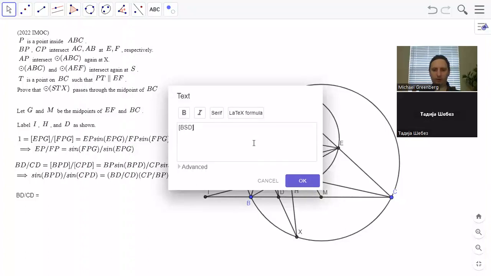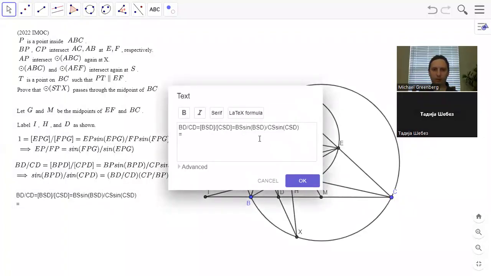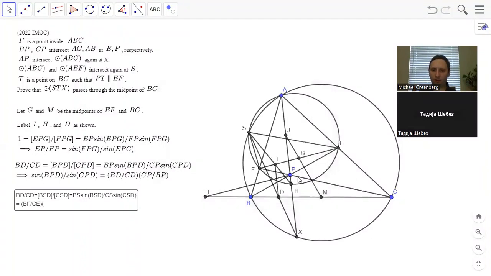So BD over CD is equal to the area of BSD over the area of CSD, which is equal to BS sine BSD over CS sine CSD. And BS over CS is BF over CE. So this is BF over CE times sine BAP over sine CAP.